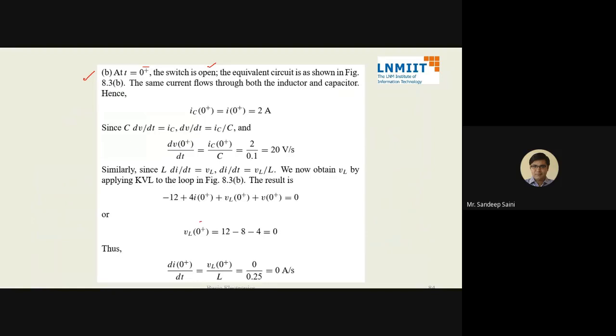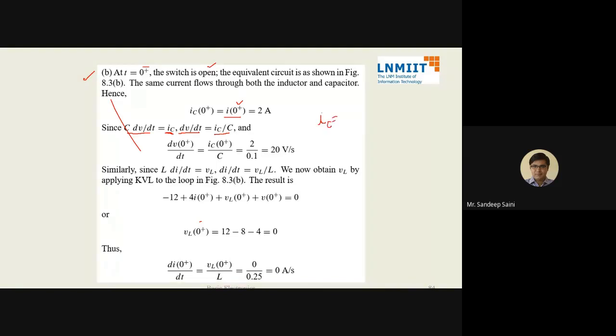Now, the current in the inductor will not change immediately, and the current in the capacitor is C dV by dt. That means dV by dt is IC by C. Is that okay?